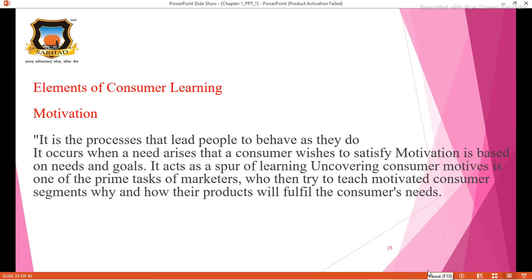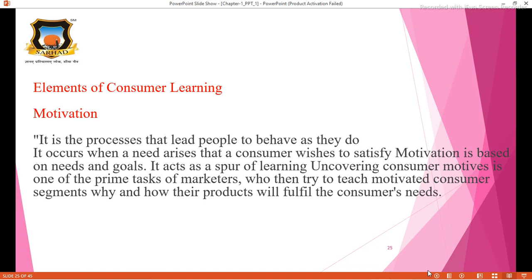See the elements of consumer learning. The first is motivation. It is a process that leads people to behave as they do. It occurs when a need arises that a consumer wishes to satisfy. Motivation is based on needs and goals.